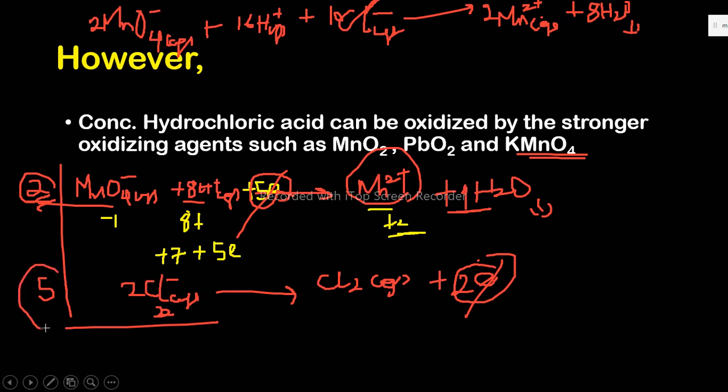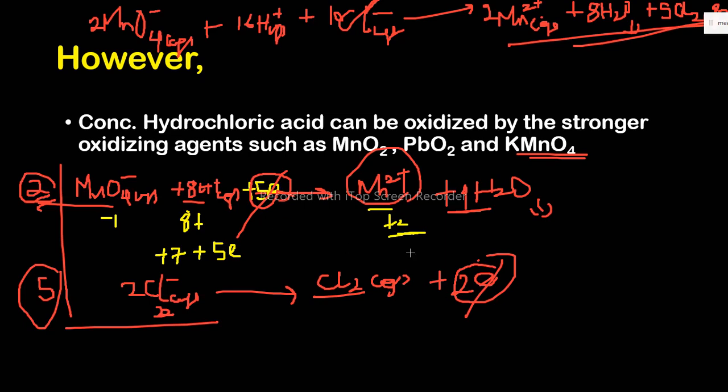Finally, 5 times 1, so plus 5 Cl. So if you do this, your equation is going to be balanced. I hope it is okay now.